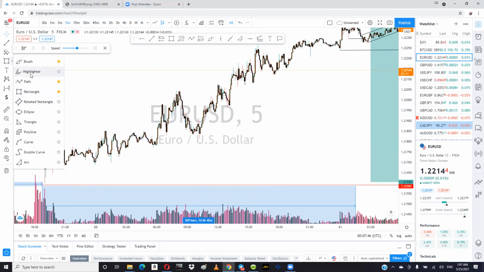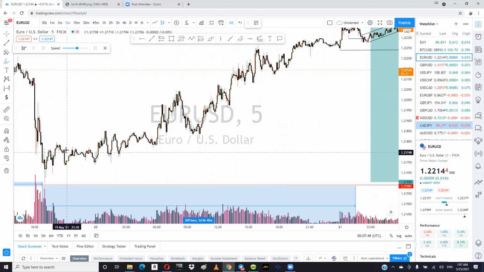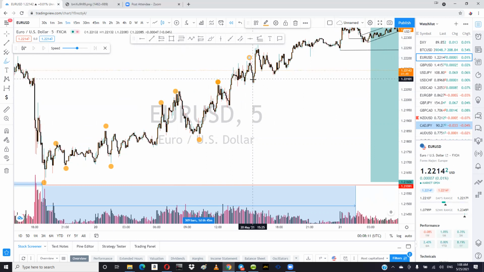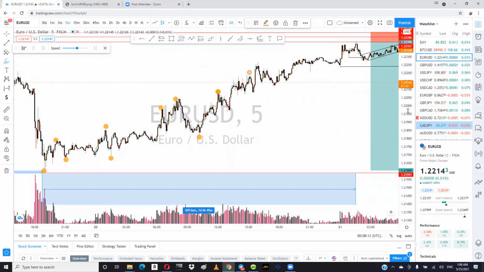Okay, higher highs, higher lows, higher highs, higher lows, higher highs, okay, higher high, higher low, market traded below this low, okay, higher high, higher low, higher high, higher low, and that was the structure.